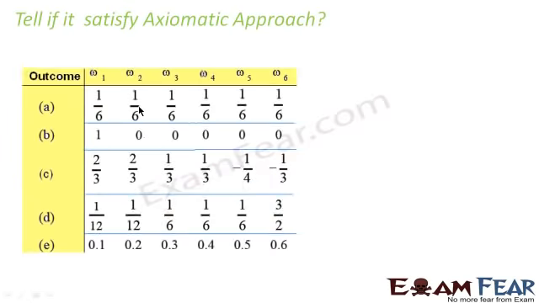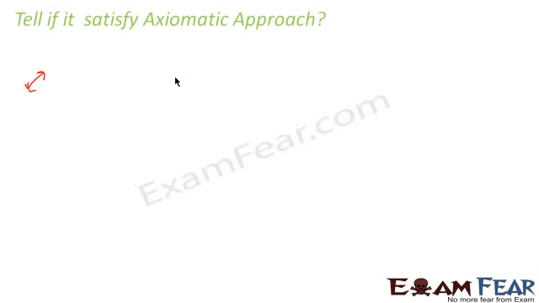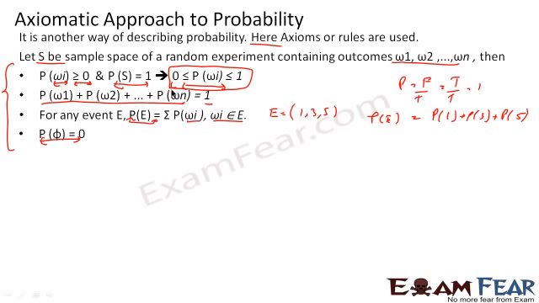Now let's see if this satisfies the axiomatic approach. So we have a space where we have these outcomes, 1, 2, 3, 4, 5, 6, with their probabilities. In case 1, outcome 1 is 1 by 6, and so on. We have seen in the last example that the sum of all the probabilities is 1.